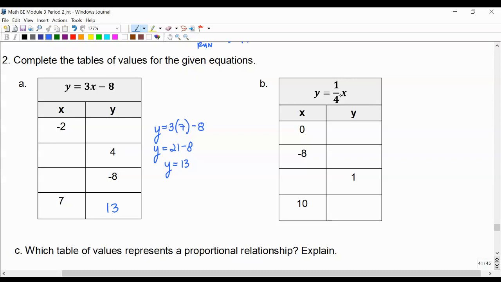For table B, our equation is different, and we're plugging in different values here. And we're going to plug in 0. One-fourth times 0 is 0. And we're going to plug in 10.